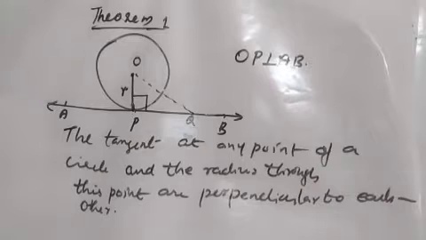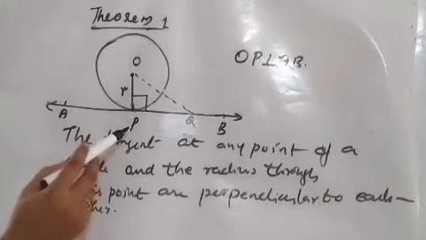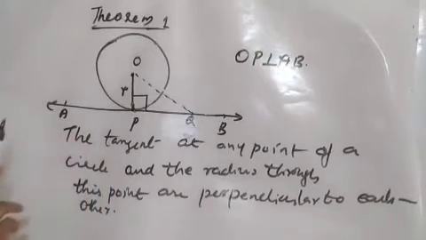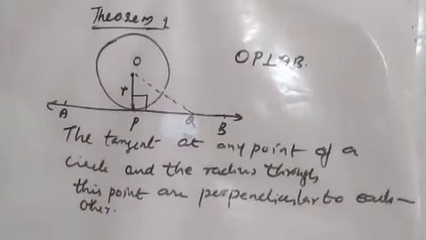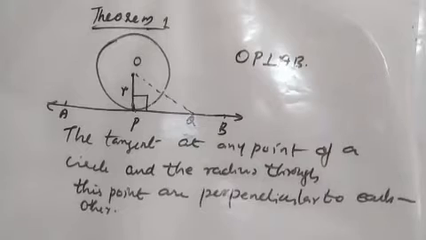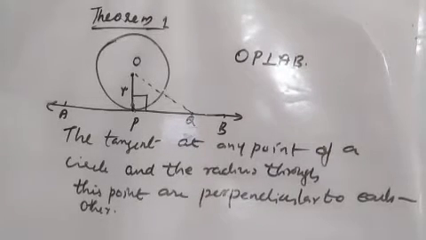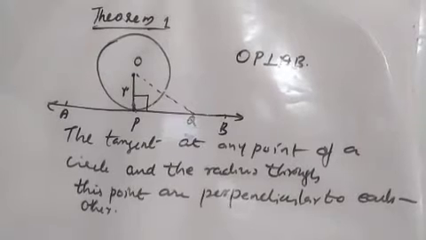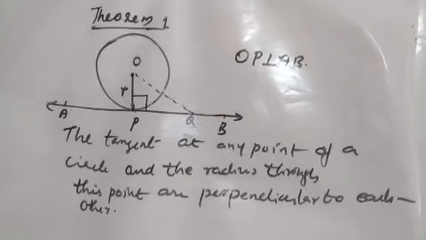This is the first theorem. What is the first theorem? Tangent and radius are perpendicular to each other. Understood? And the next one, or we can discuss the corollary also.